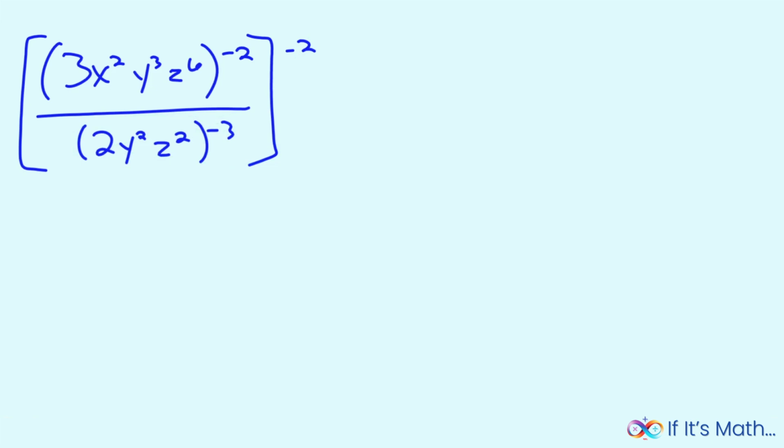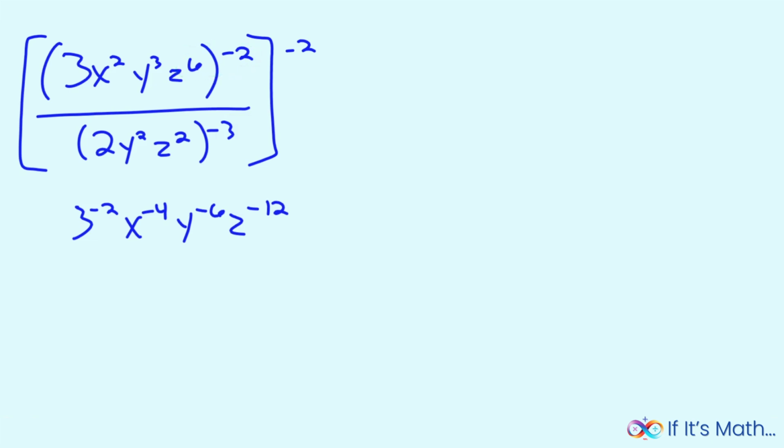Okay, so let's get that to the negative second power through everything in the top. So that's going to give us 3 to the negative second, then x to the negative fourth, because I have 2 times negative 2, y to the negative sixth, because I have 3 times negative 2, and then z to the negative 12th, because I have 6 times negative 2.